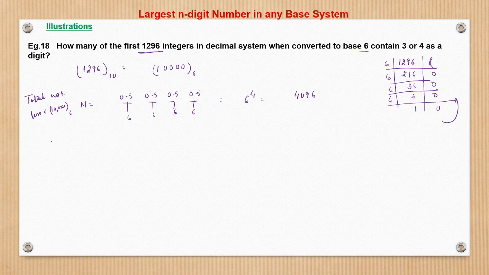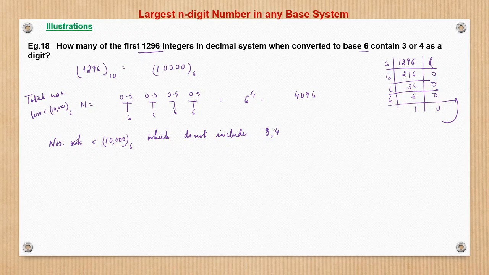Now, numbers less than 10,000 in base 6 which do not include 3 or 4.